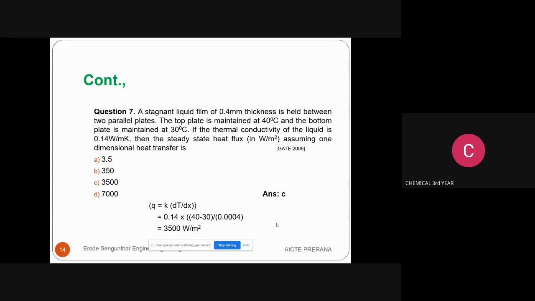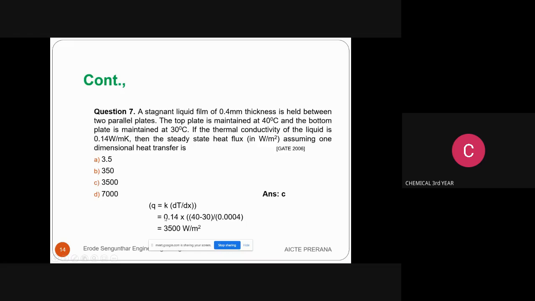The temperature difference, dT, is 40 minus 30, which is 10 degrees Celsius, or 10 Kelvin, divided by the thickness 0.4 mm. If we convert this to meter, we have 0.0004 meter.